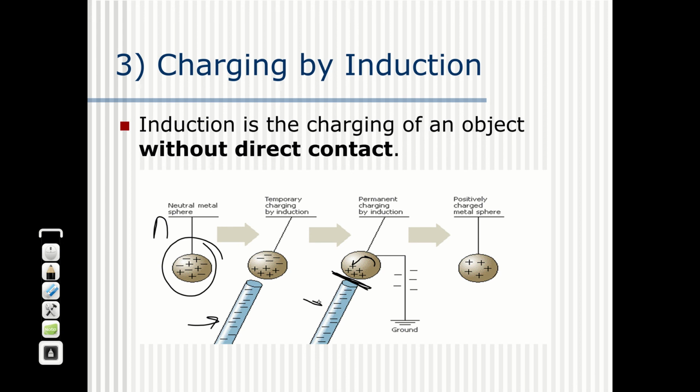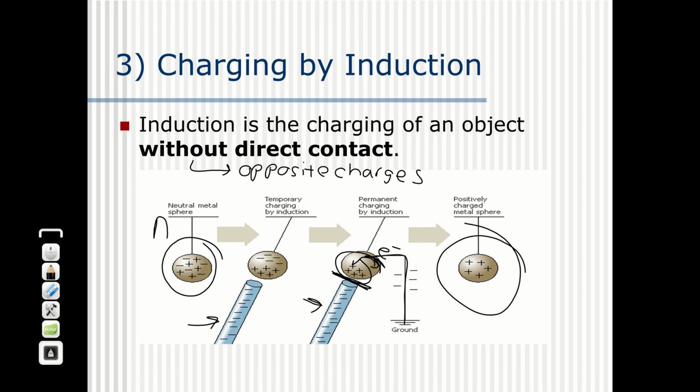In this case, since this is negative, it's repelling those electrons, and now this side is more positive. If I'm able to remove those electrons, my object will take on the opposite charge. So induction creates opposite charges on both objects, just like friction. Friction forms opposite charges, induction forms opposite charges, conduction forms same charge.